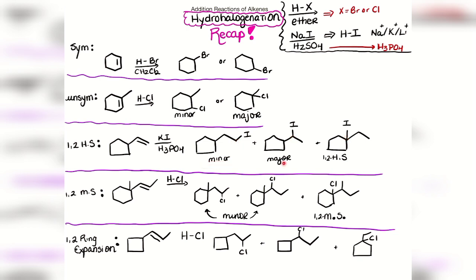This one's not as major, so oops, sorry, let's just go ahead and switch that up real quick. That one is also minor because the 1,2 hydride shift takes precedence since it is tertiary.